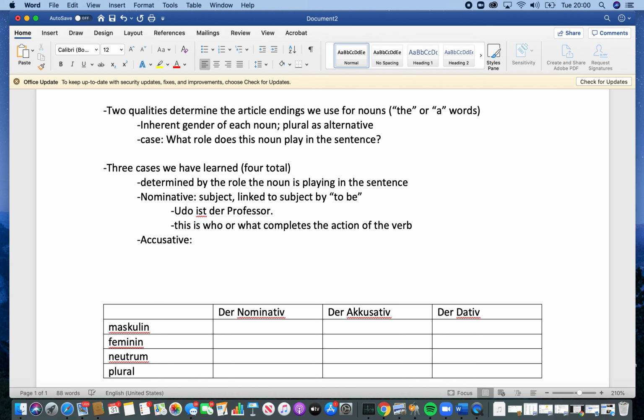And for me, the mnemonic sentence that I find helps is I accuse you. So you are the one being accused. You are the direct object. So we could say direct object or following an accusative preposition.